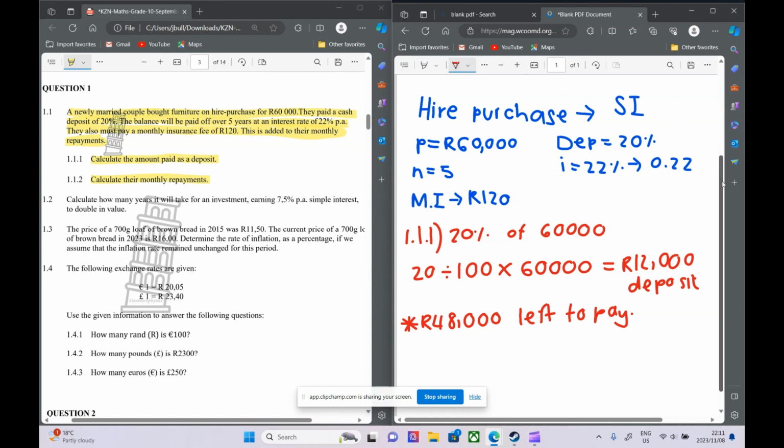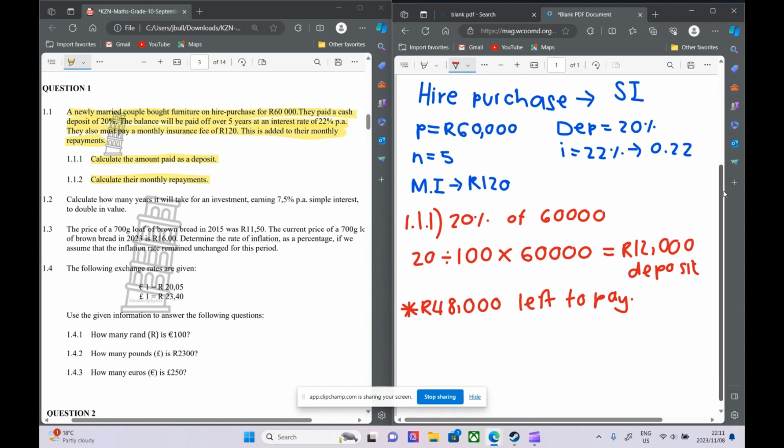So next up then, 1.1.2. Just so we are aware, this would be what you get the mark for here: that value, 12,000 Rand. The second part is calculate their monthly repayments. So I'm going to erase some of the stuff so we've got some space.